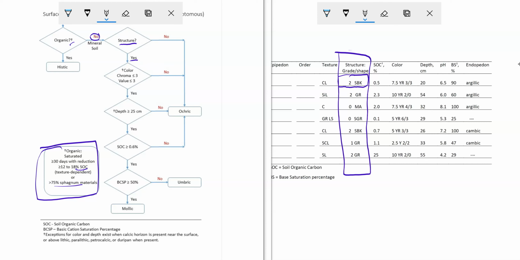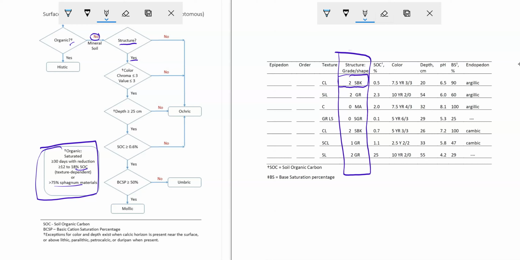So it has structure. The next question we ask is about color. Are the chroma and the value both 3 or less? Well, now we have to remember about color. What we get is the hue as the first part, and then the value, and then the chroma.